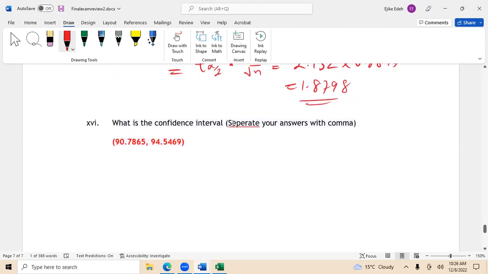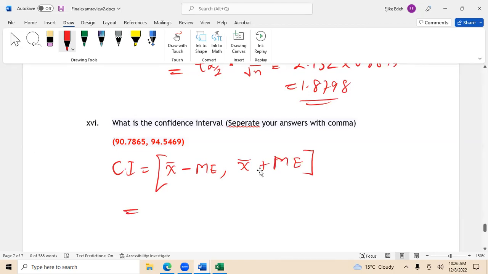Okay. So the next one says, what is the confidence interval? The confidence interval, again, this is a concept question as well. The confidence interval, remember, is the sample mean minus margin of error, right, on the lower side, and then the sample mean plus margin of error on the upper side, right? So let's put in those values.